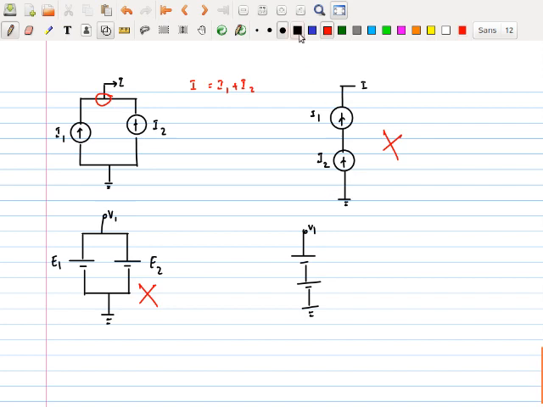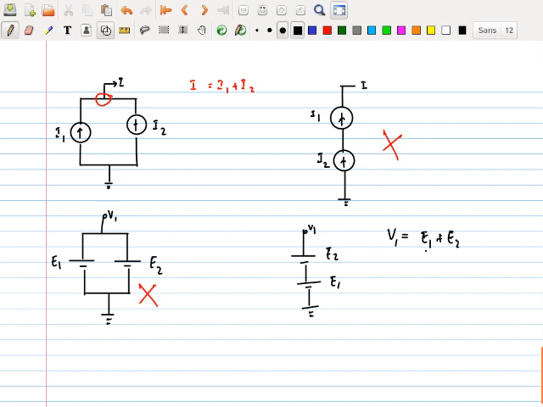Here, this is E1, this is E2. Can you tell me what is V1? E1 plus E2, right? This is completely acceptable.